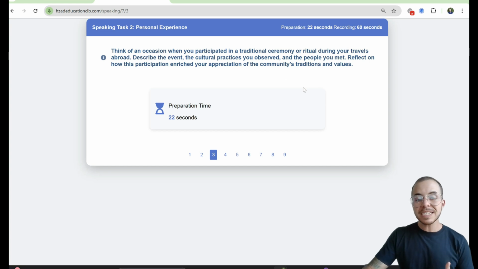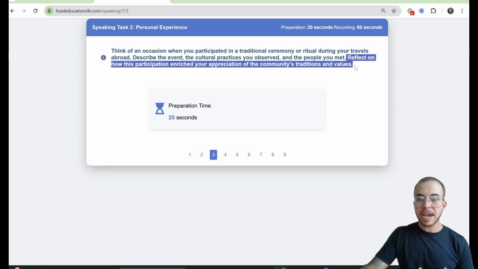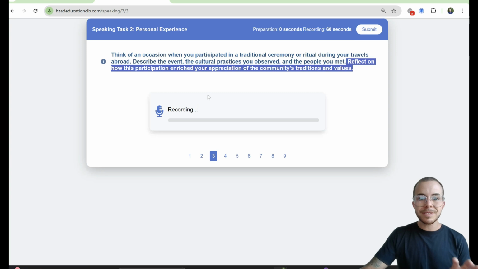I had 5 seconds left, and I didn't reflect on how it enriched my experience. So I made that mistake. But in the last second or two, what I did instead is I went back and I just said that sentence in order to capture the final piece of information. So that's really important to make sure you get all parts of the question.